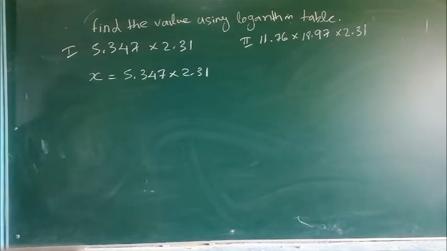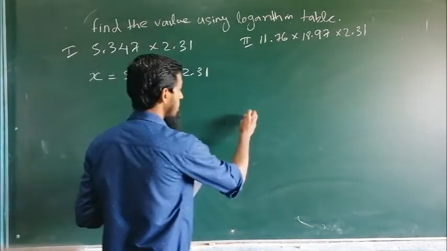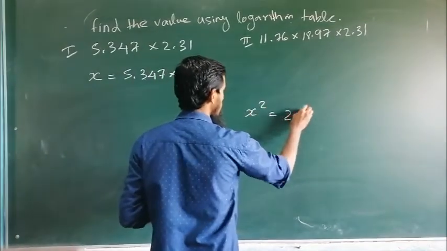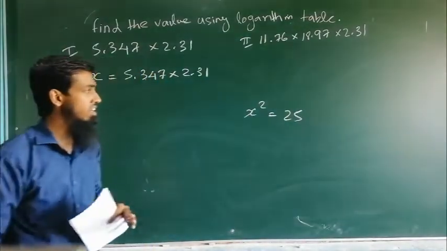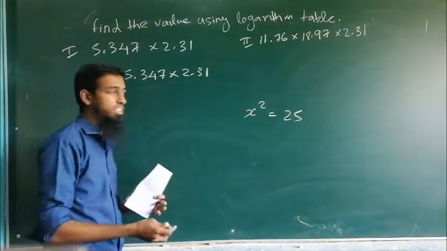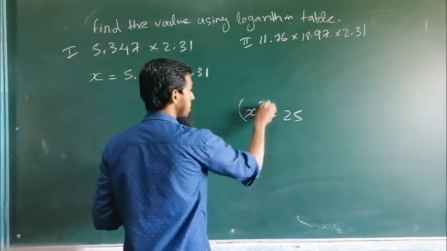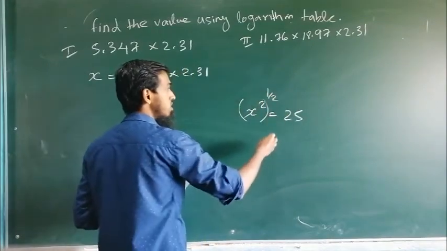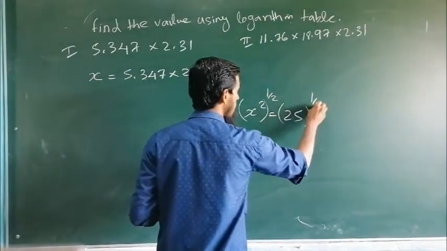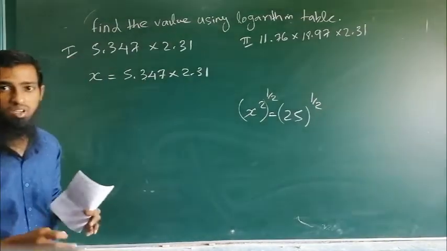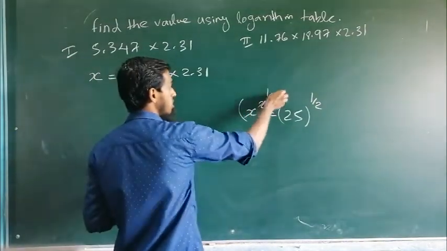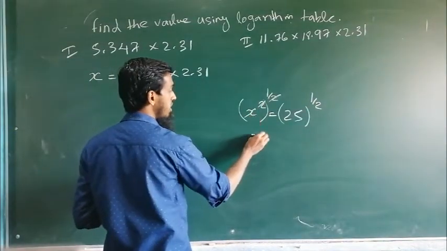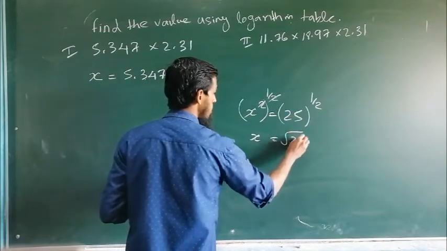If you want to clear the square, the basic step is you need to multiply by the power half, and also multiply the other side of the equation. That is our basic step. So in this part we have x, and on that part we write 25.